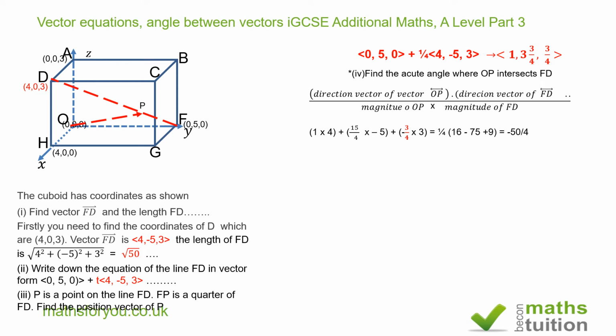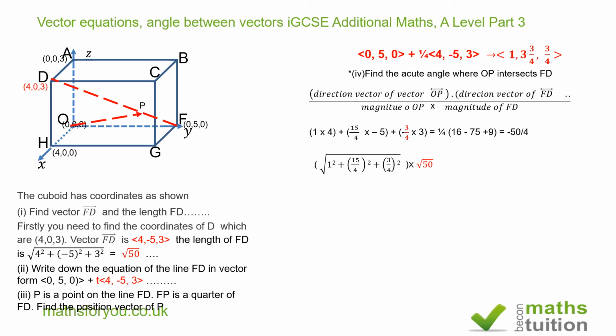Now for the denominator, we're looking for the product of the magnitude of OP and FD. So we're looking for 1 squared plus 15 over 4 all squared plus 3 over 4 all squared, and the square root of that will give us the magnitude of OP.